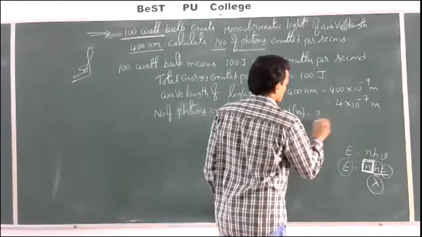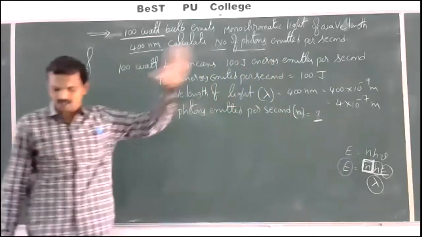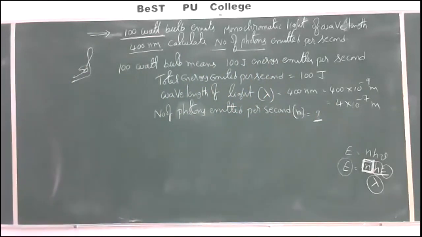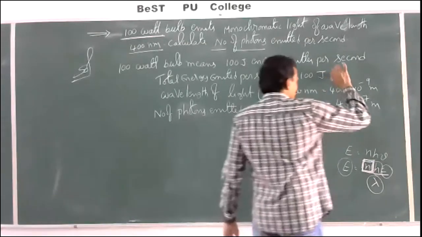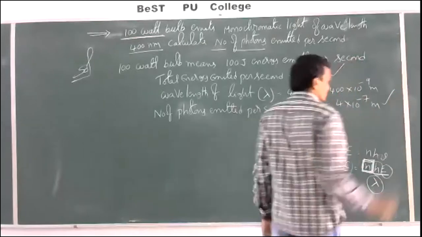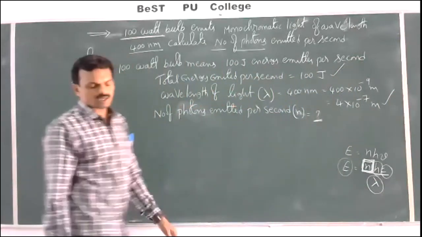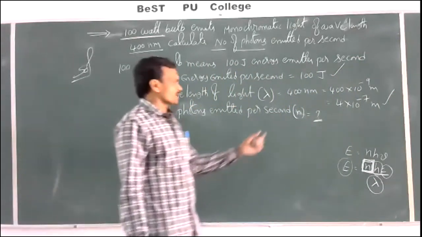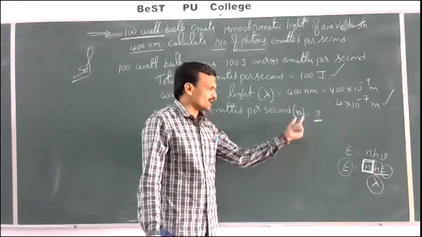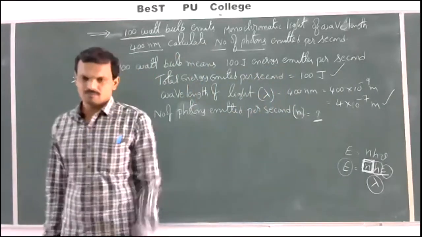This is equal to question mark, we have to calculate. This is the data from the given question. Total energy is 100 joules and the wavelength of the light is 4 into 10 power minus 7 meters, and we have to calculate number of photons n that are emitted per 1 second time.